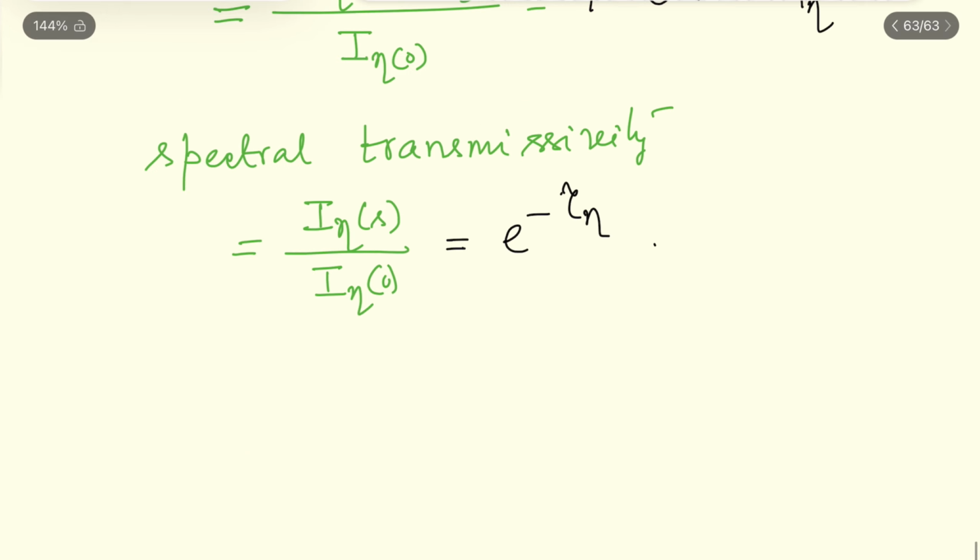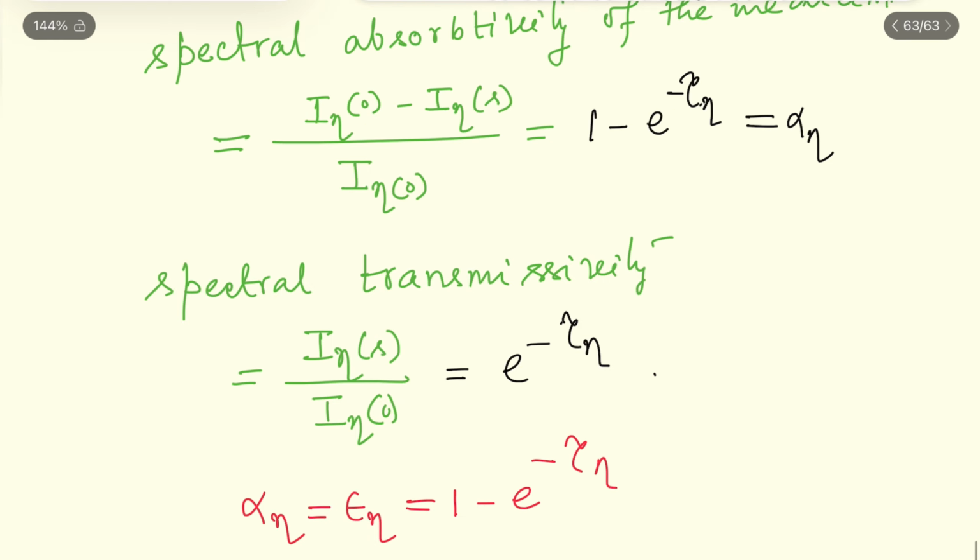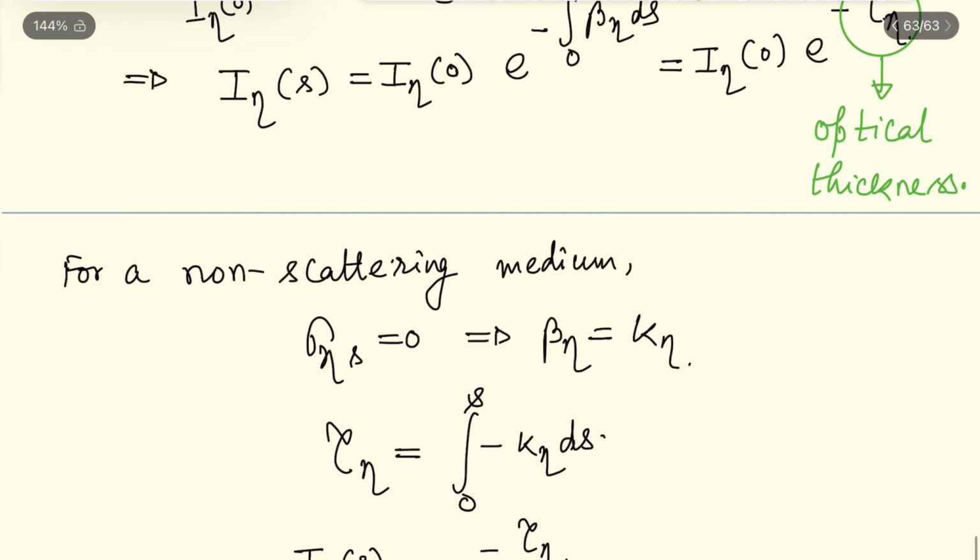Okay, and if the Kirchhoff's law is valid, then my alpha eta will be epsilon eta. So all these things were valid for a non-scattering media.